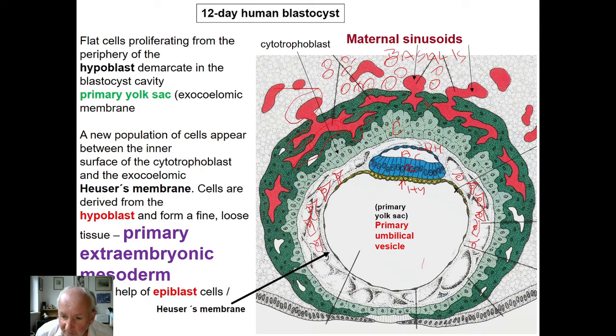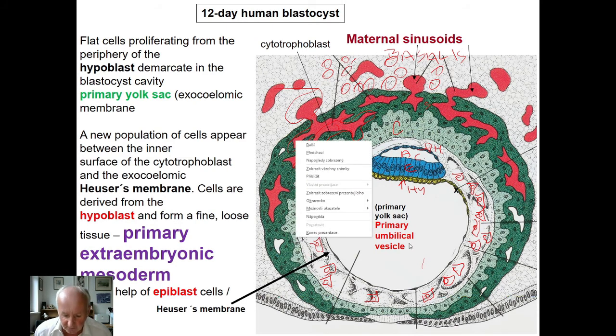And where is the origin of those cells? Older embryology textbooks, 40 years ago, 60 years ago, were explaining that those cells, which we call the primary extraembryonic mesoderm, originate from cytotrophoblast. This is not true anymore.